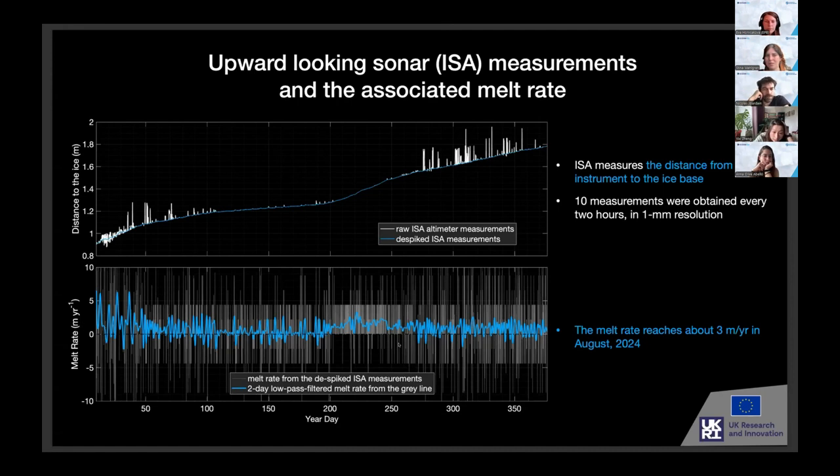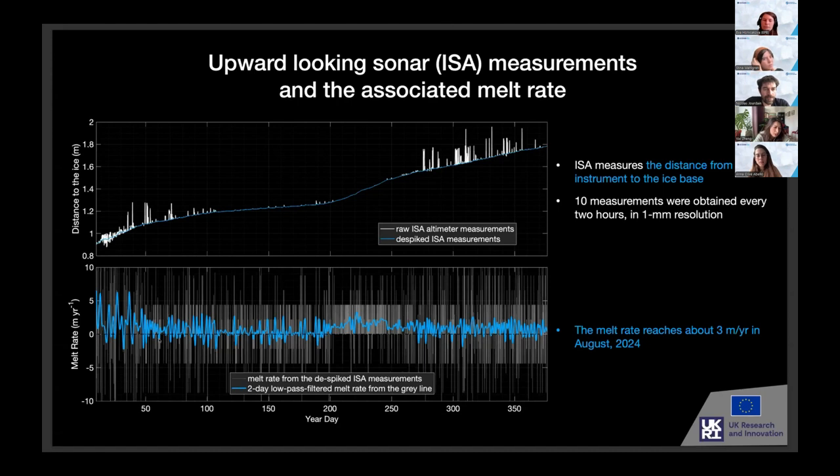So we can see that when we had the warm water intrusion event, which is in this region, the melt rate reached almost 3 meters per year, while at other times this blue line fluctuates near the zero line, which means that the melt rate was quite small.